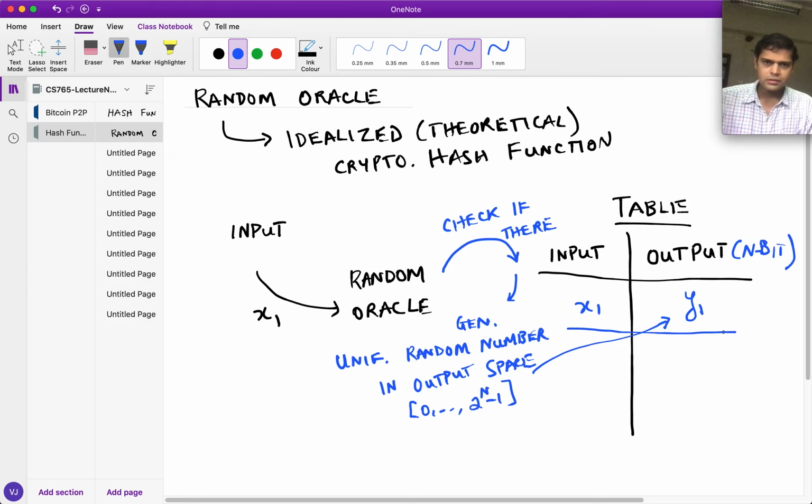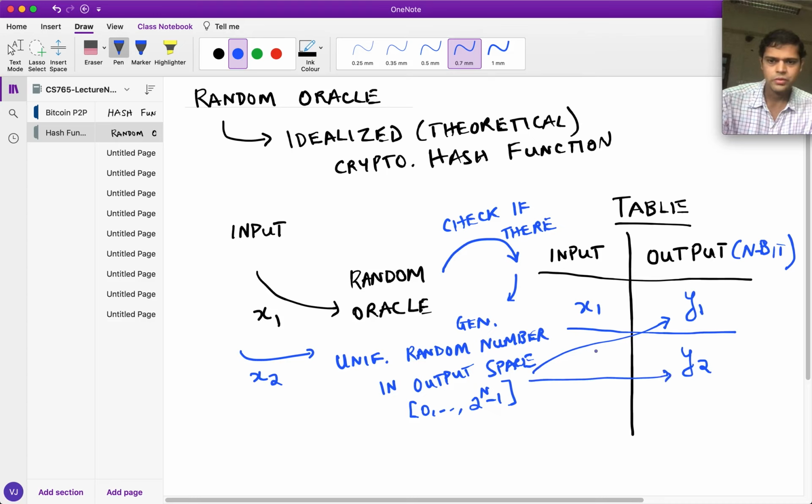So you've taken any input given by somebody. First you check in the table if it's there. If it's not there, you generate a random number and you put that random number in the output of the table. Now let's say somebody gives us input some x2. Again we repeat the procedure. We find that x2 is not in the table, and we find another random number y2.